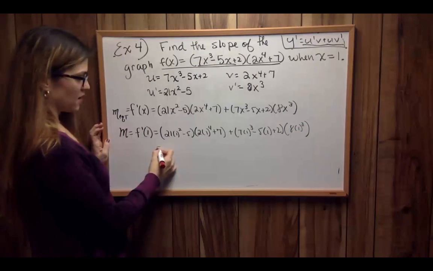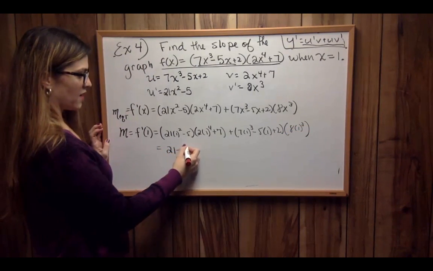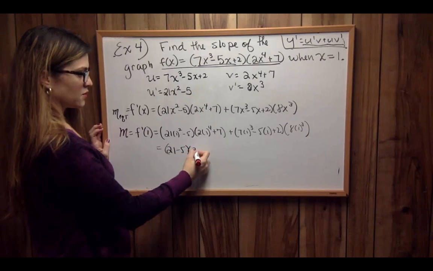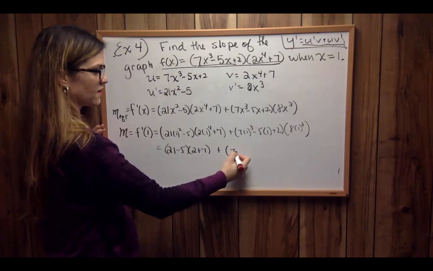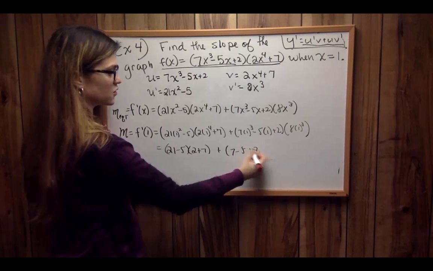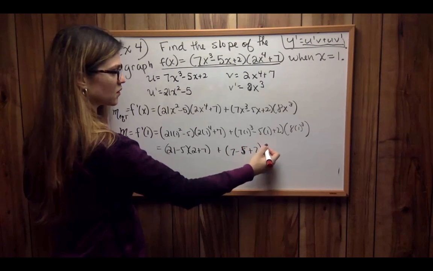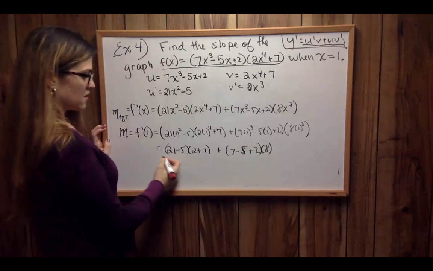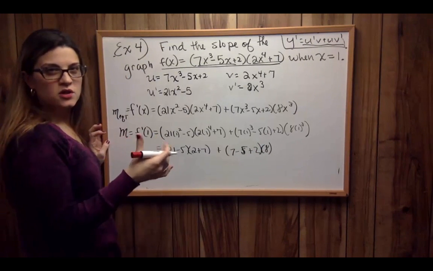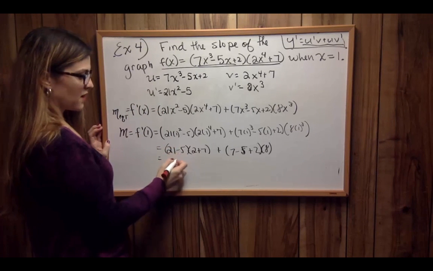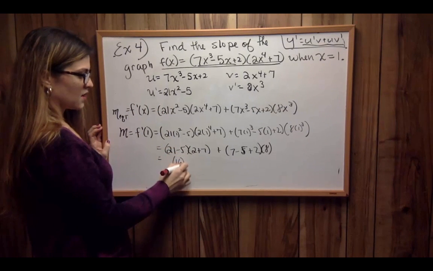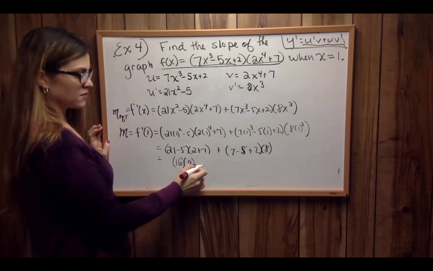Okay, so then I get 21 minus 5 times 2 plus 7, plus 7 minus 5 plus 2 times 8. Remember, keep thinking order of operations. You're going to do inside the parentheses first, then the multiplication. 21 minus 5 is 16. 16 times 9.